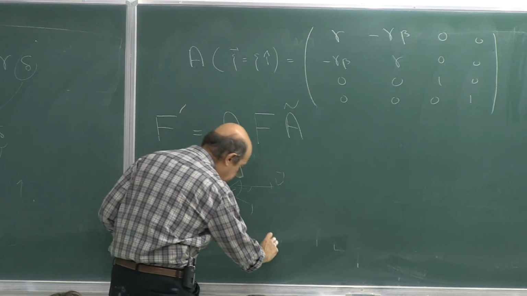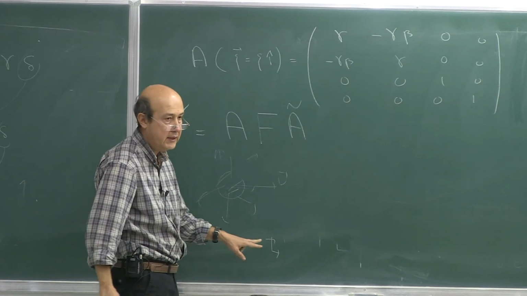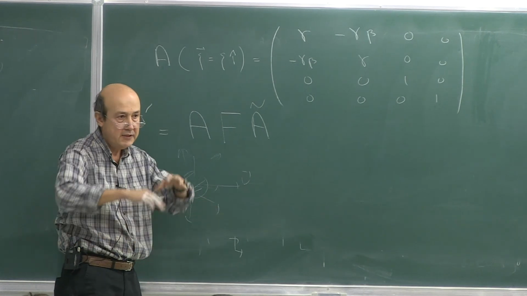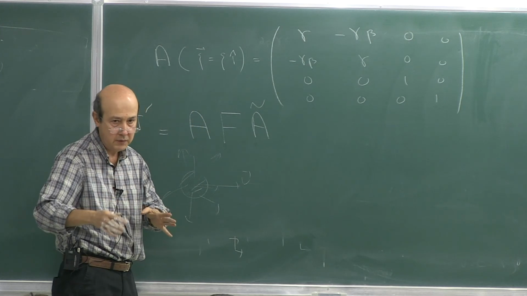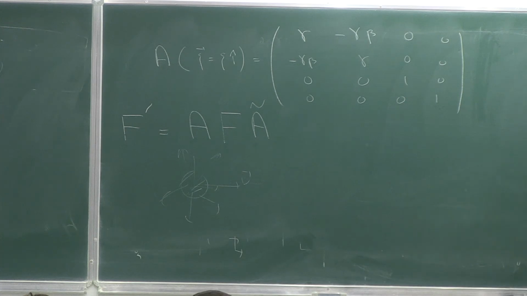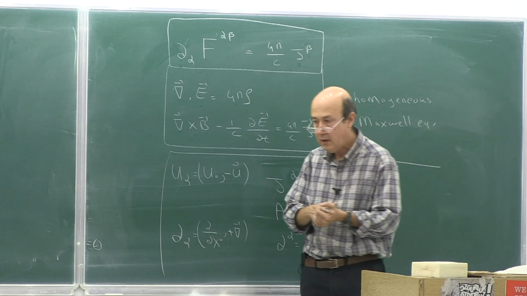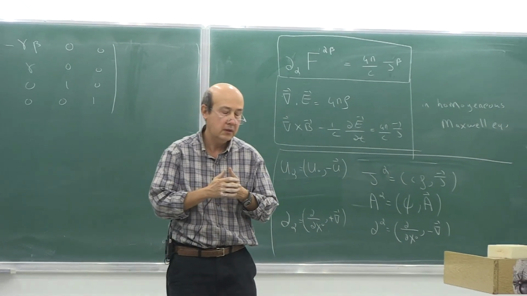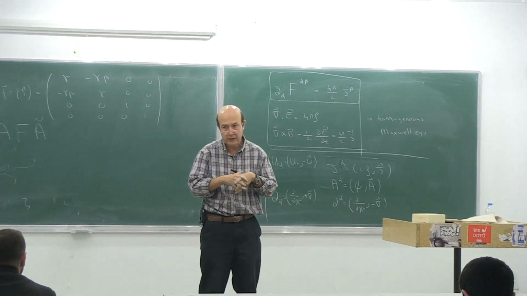But if the charge is moving with some velocity, and you are an observer at rest, then you will see both electric fields and magnetic fields, and the electric fields will not be spherically symmetric. Some components are higher, some components are lower. So this tool enables us to calculate the transformation of the electric and magnetic fields. Then next time I will start the dynamics of relativistic charged particles and the electromagnetic fields themselves.